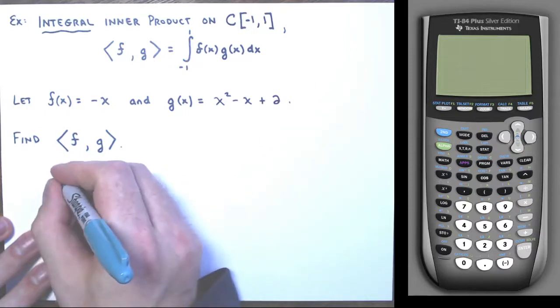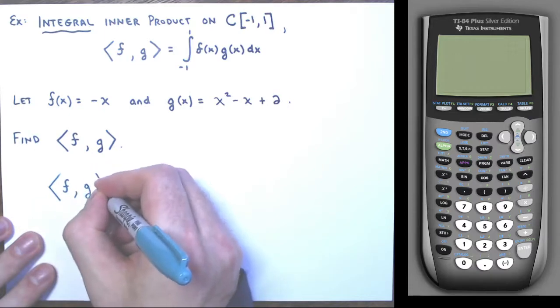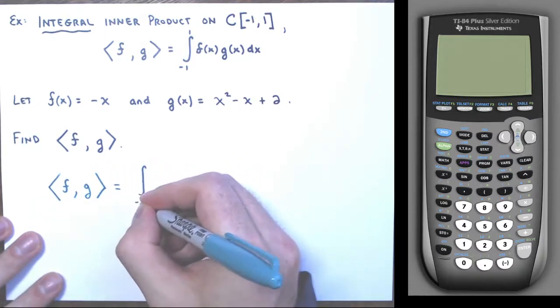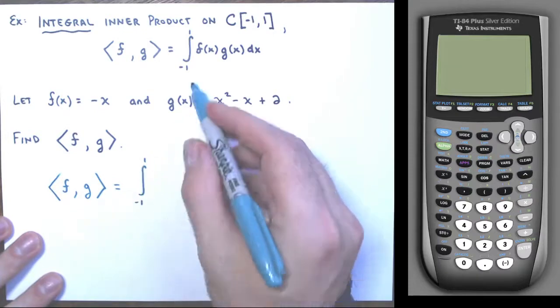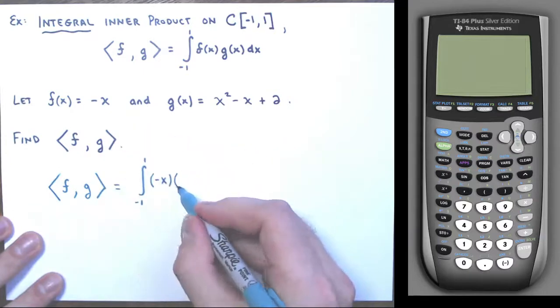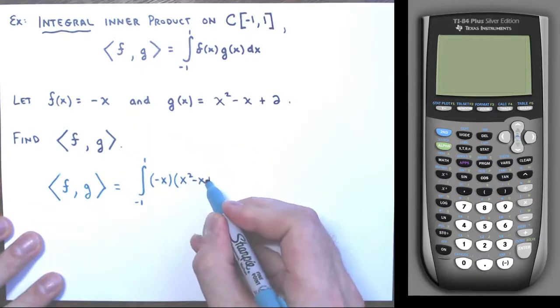So the inner product of f and g is equal to the integral from negative 1 to 1 of f of x times g of x, right? So negative x was f of x, times g of x, this x squared minus x plus 2, with respect to x, right? dx.